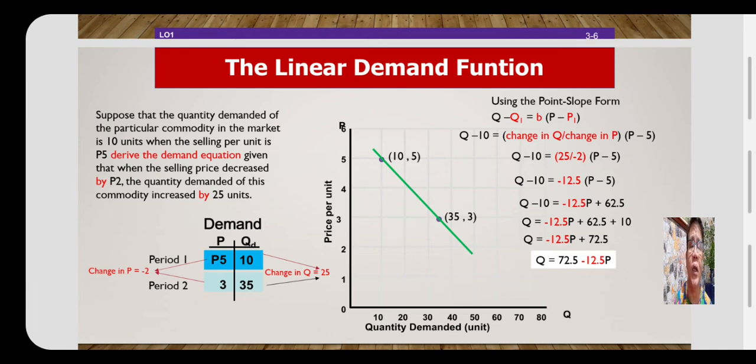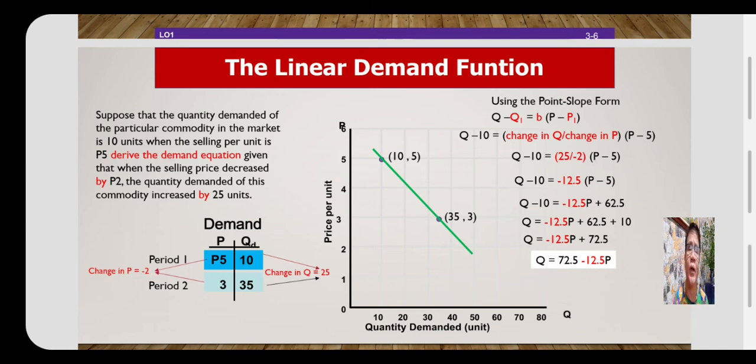The quantity demanded, on the other hand, originally it was 10, but it has increased by 25, so the new quantity now is 35.